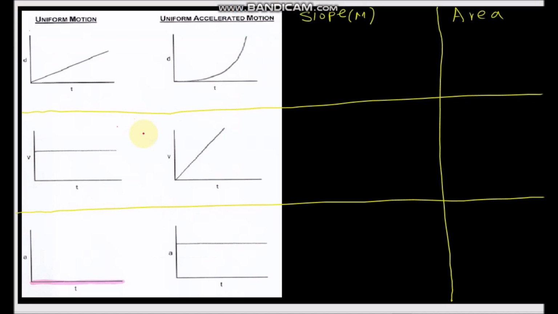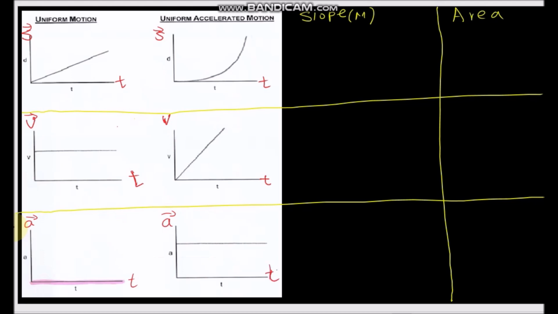We have here the displacement time graph, here the velocity time graph, and here the acceleration time graph.